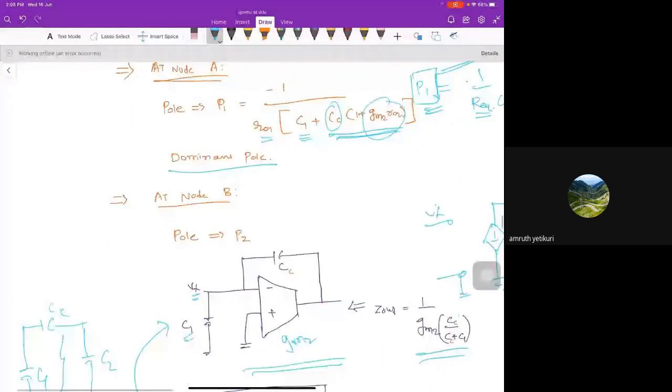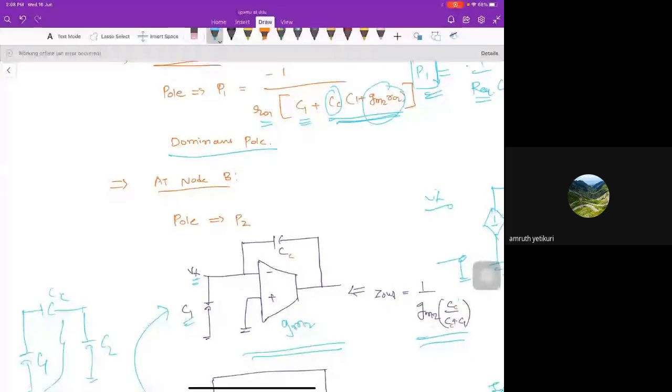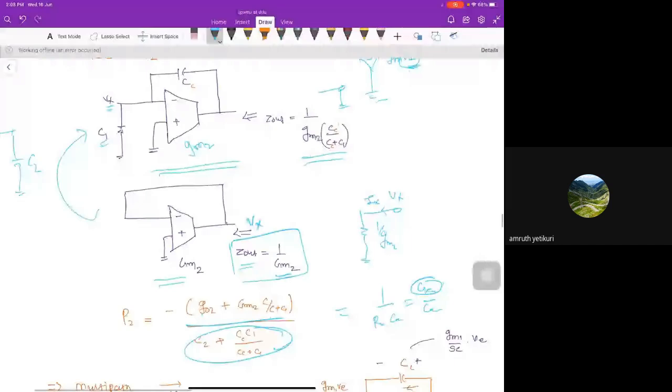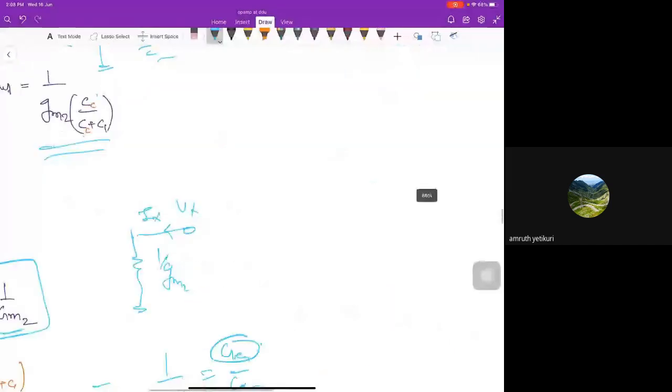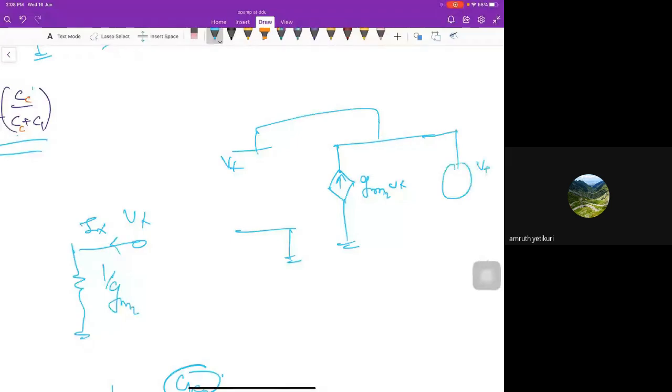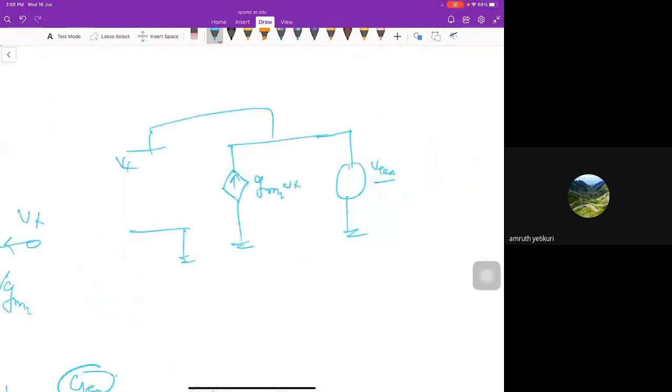Sir, how did we get Z out as 1 by GM2? There's only one port through which current can flow in that setup. When in that figure 2, where you have shorted the... now derive here.